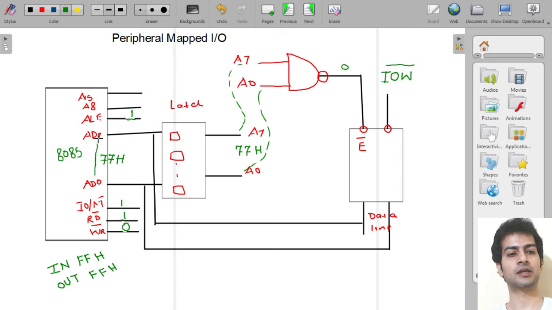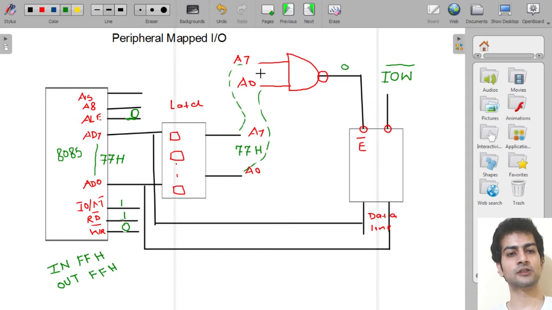Because now AD7 to AD0 is acting like a data bus, and this low order address, that is 77H, is already latched here, because by this time ALE has changed from 1 to 0.